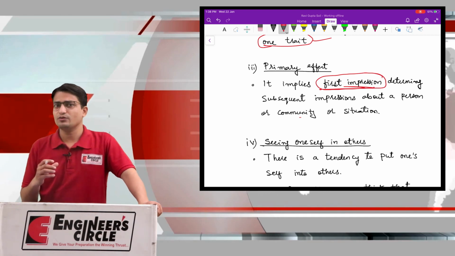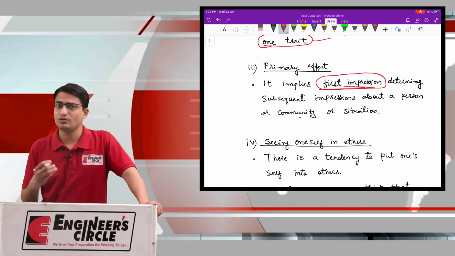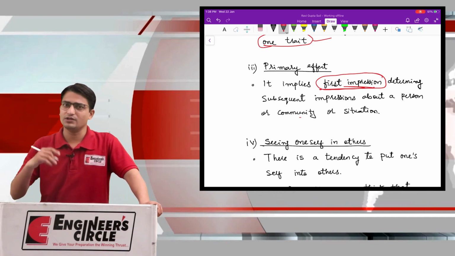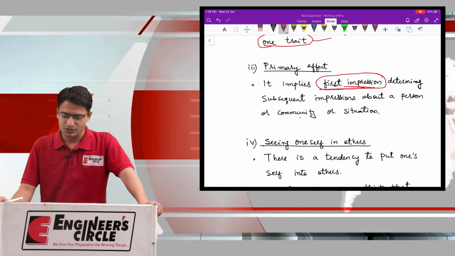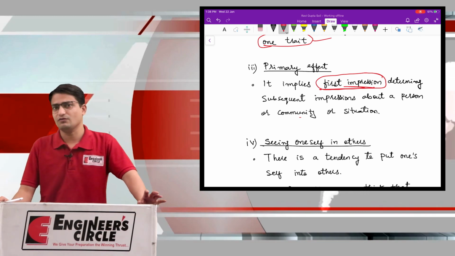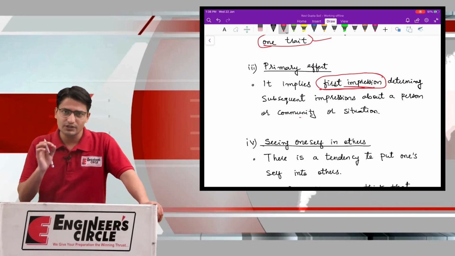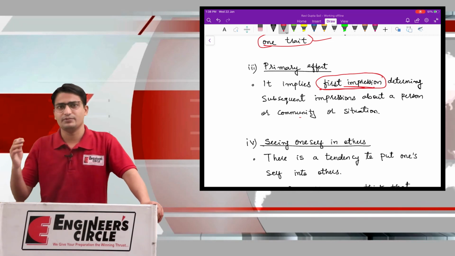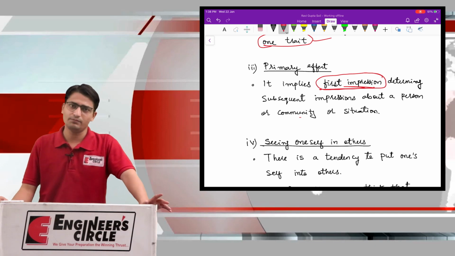Okay, you have not properly understood that situation or that person or community, and you are concluding about that situation. So this is also something one must avoid. Our first impression should not become the actual impression about that situation or problem.